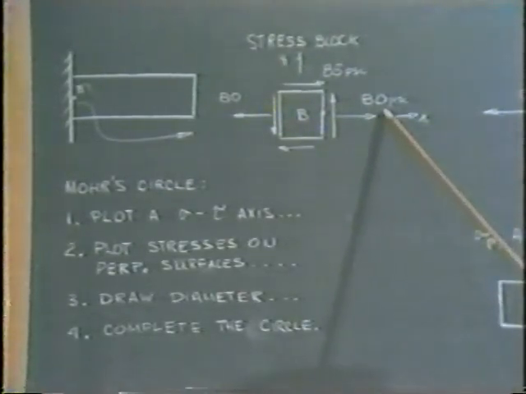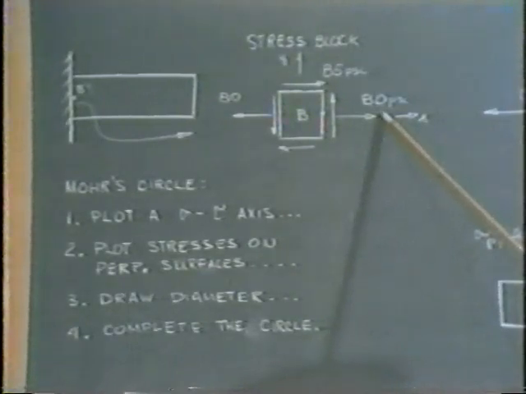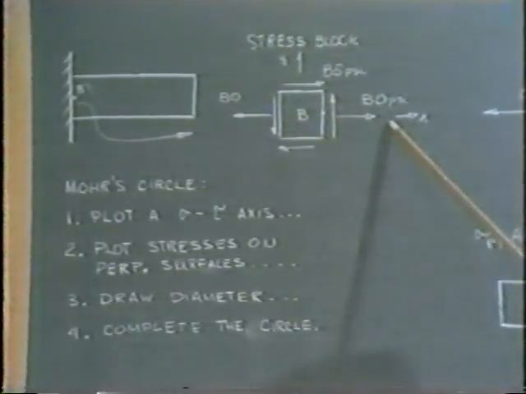It's only 80 pounds per square inch. Remember, the normal stress due to bending at point B is equal to 0. The only stress that point B experiences is that due to the axial load. We found it previously to be 80 psi.